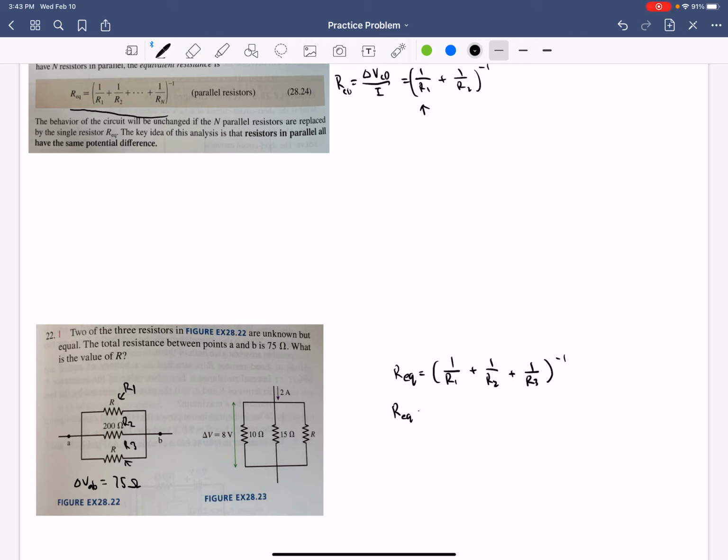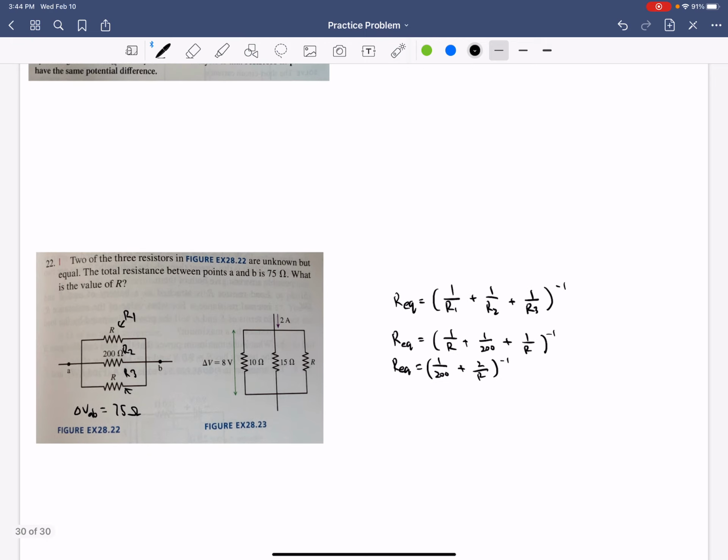So R equivalent, pretty much our total, equals 1 over R plus 1 over 200 ohms plus 1 over R. When you combine these, you simplify this into 1 over 200 plus 2 over R. And by the way, R equivalent, like I said, is the total resistance between points A and B, and it's given in the problem as 75 ohms.